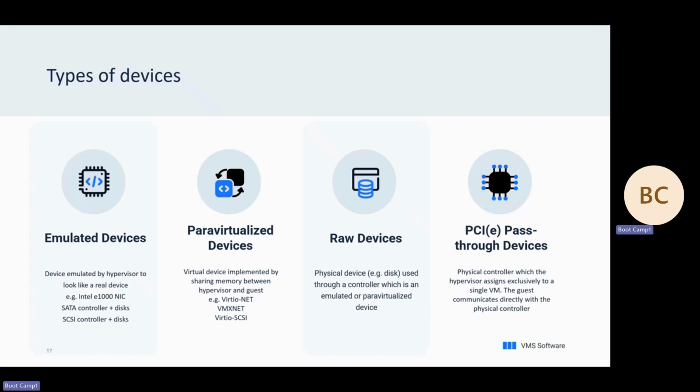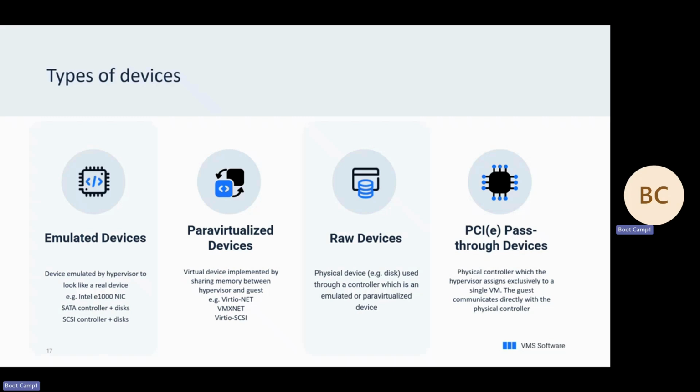So, types of devices in a virtual environment. As I've talked about before, there are emulated devices. Those are devices that the hypervisor emulates to look like an actual device.